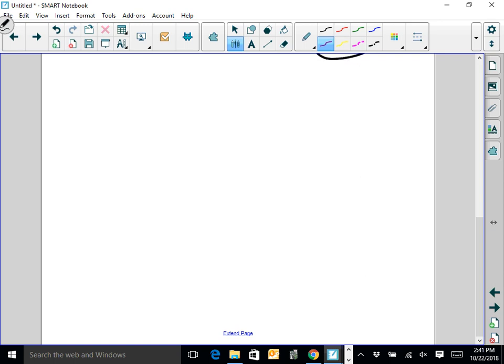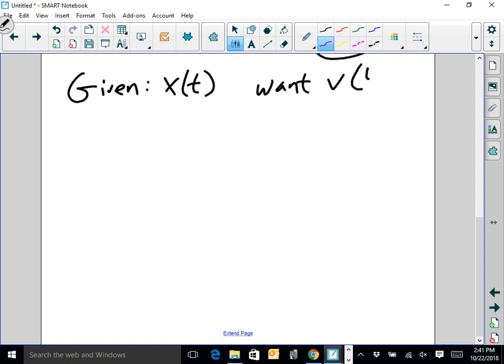So let's say we're given x of t, and we want v of 4. What do we need to do in this scenario? Well, we need to go from a position equation to a velocity equation. So we need to do the derivative.